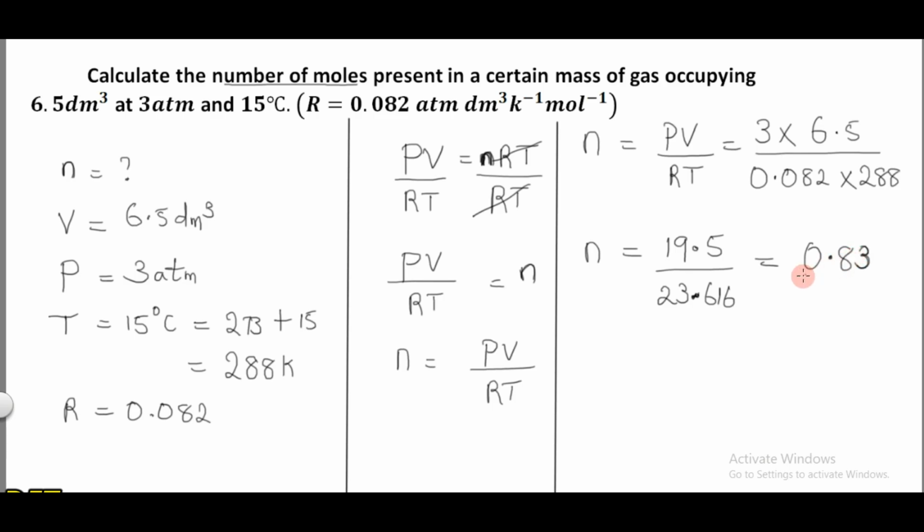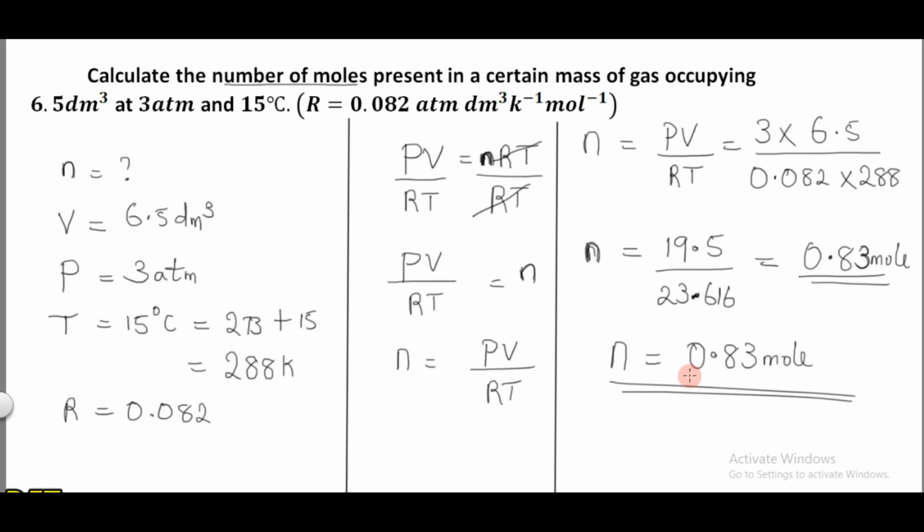So this is my answer to this question, 0.83 mole, because this is what n is for, the number of moles. So my n is equal to 0.83 mole. This is my answer to this question.